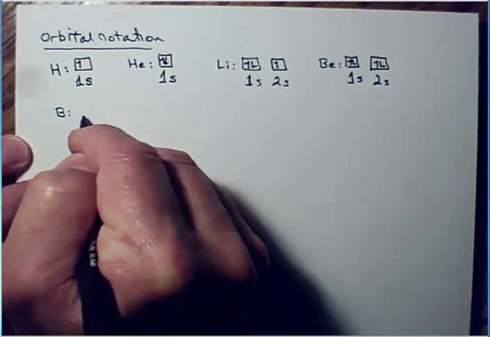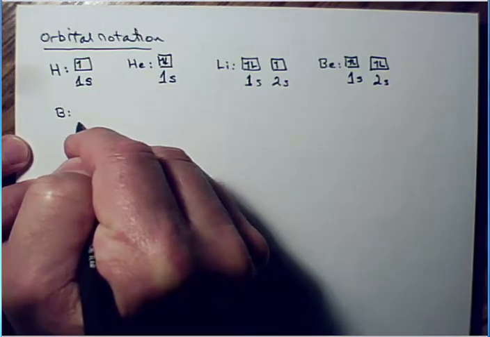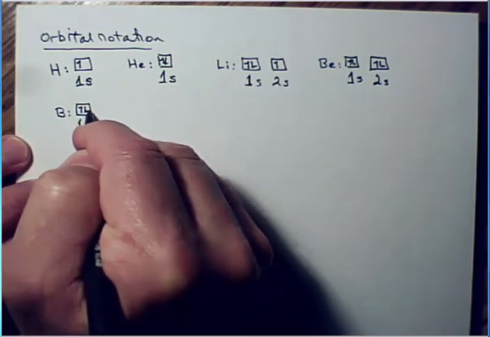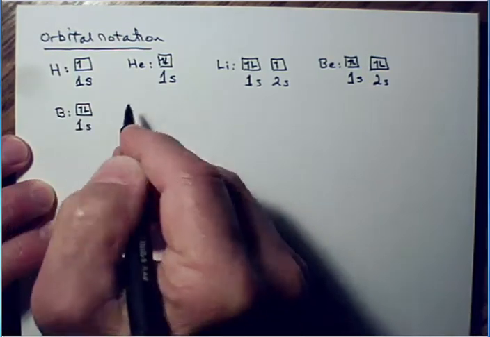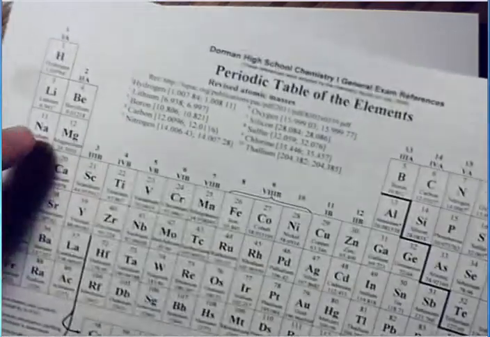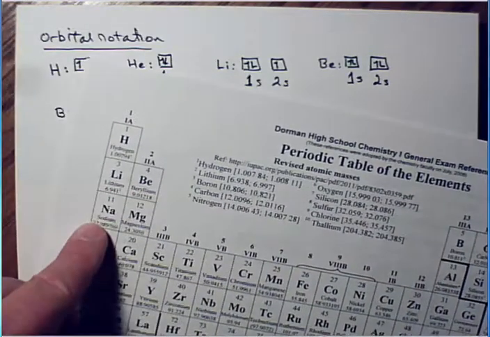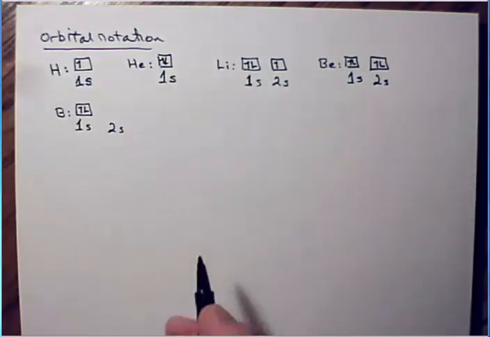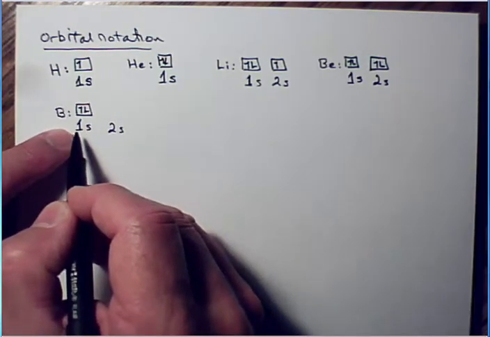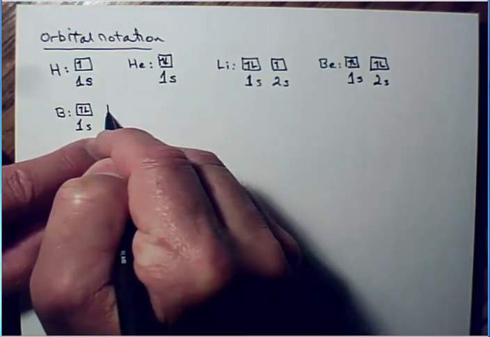So let's go to boron. We got 1s, and you got 2 electrons in 1s. You got 2s because boron's in the second row of the periodic table, which means it's in the second period. So we can fill both the first level of energy and the second level of energy.